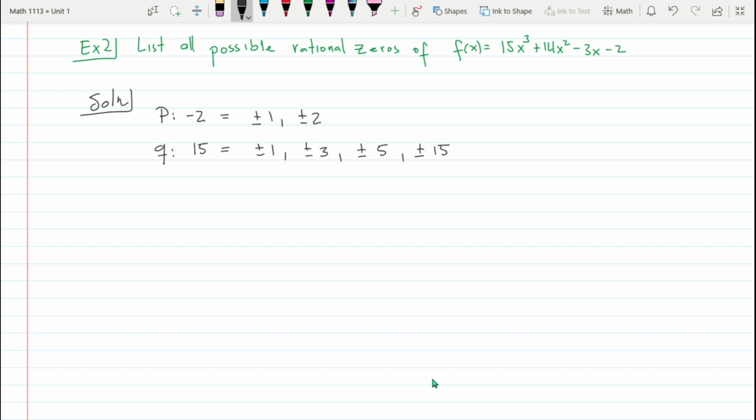Now, we're going to do what we did. Well, we're going to use the definition, right, which is the possible rational zeros is equal to all of the factors of the constant term divided by the factors of the leading coefficient. So P over Q is going to be plus or minus 1, plus or minus 2, divided by plus or minus 1, plus or minus 3, plus or minus 5, and plus or minus 15.